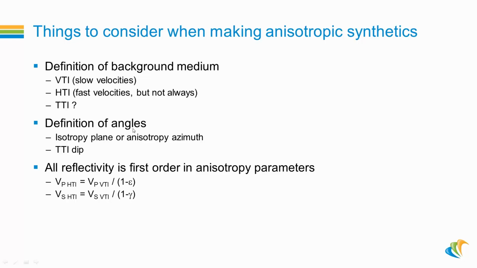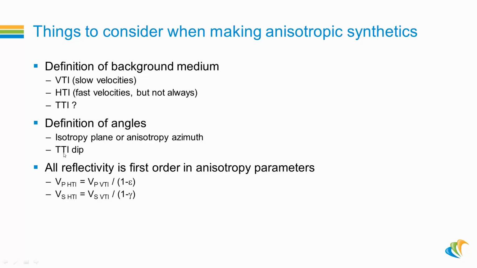There are different definitions for angles. Some software will define the angle of the anisotropy as being the isotropy plane, and others will define the anisotropy azimuth as the angle, and those are 90 degrees shifted. The TTI dip is referenced to whether you're using the VTI reference or the HTI reference.